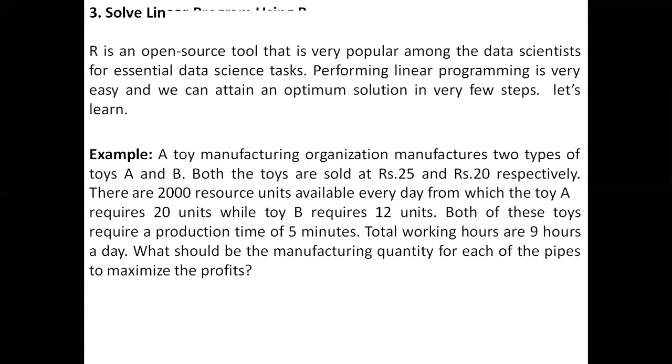R is an open source tool that is very popular among data scientists for essential data science tasks. Performing linear programming is very easy, and we can attain an optimal solution in very few steps. So how does this R technique work?